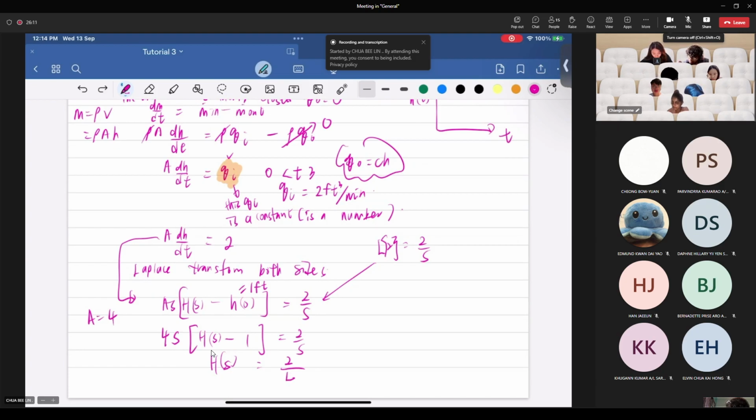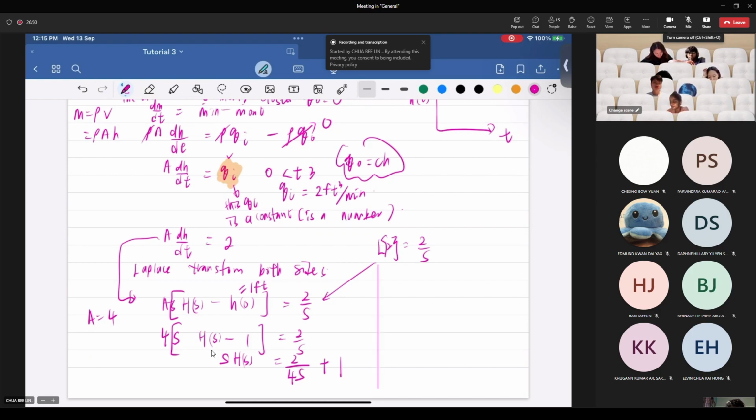So A is constant. So here, like this one cancel. Okay, so you'll be having sH(s) equivalent to 2 over 4, and then plus 1, so remove that.